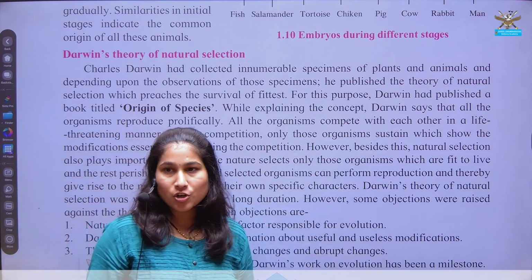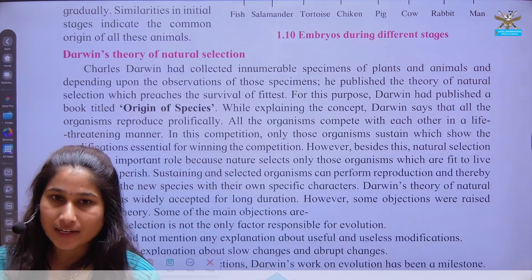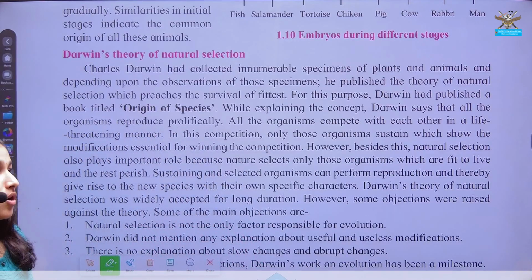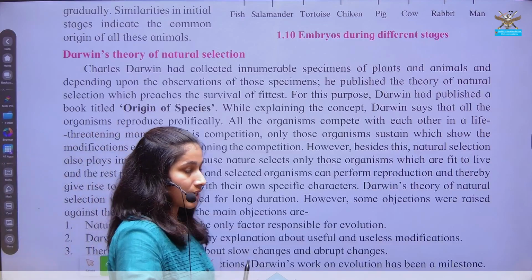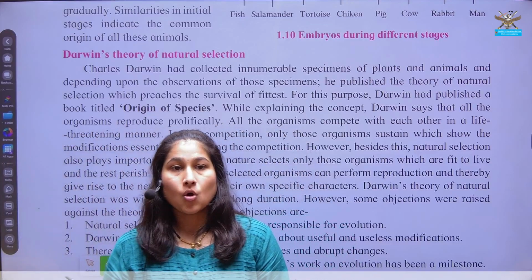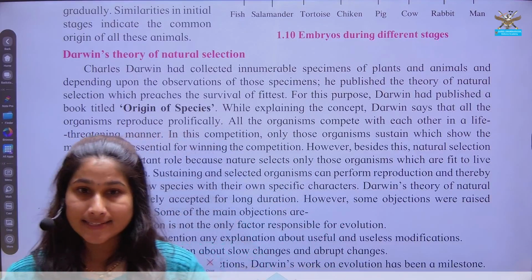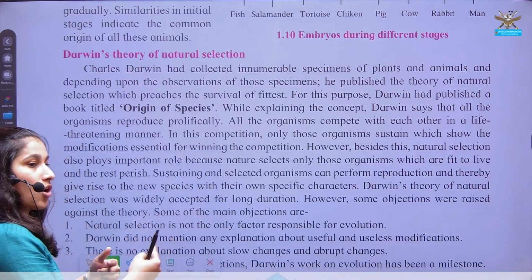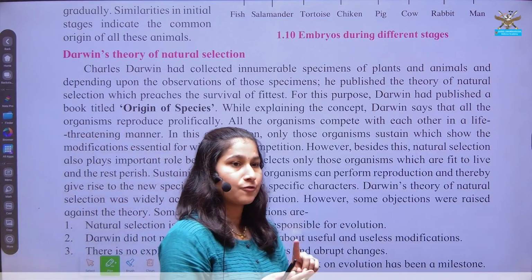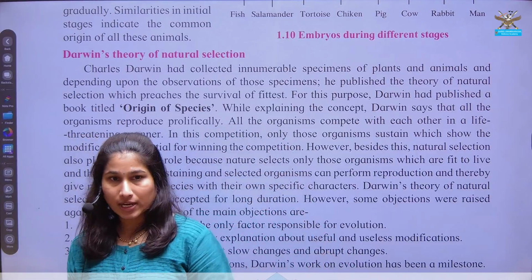In On the Origin of Species, Darwin tried to explain that the organisms able to survive were the ones who compete for existence with other organisms of different races or even of their own kind.